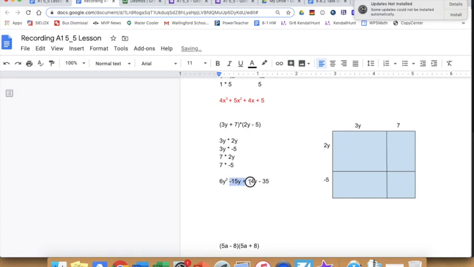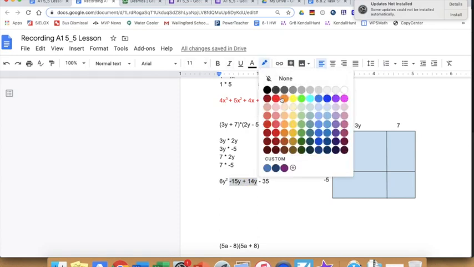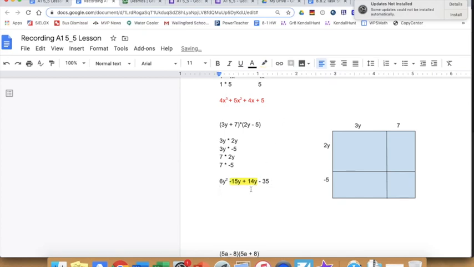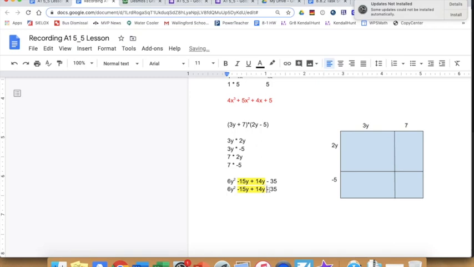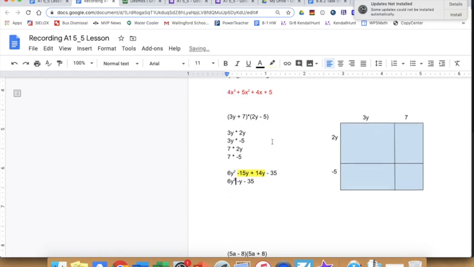And then those two terms can be combined. Just going to highlight those to show that's what we're changing. And I'm going to copy the whole thing because I'm lazy. That'll give us 6y squared minus 1y minus 35. Alright. So there's that one.